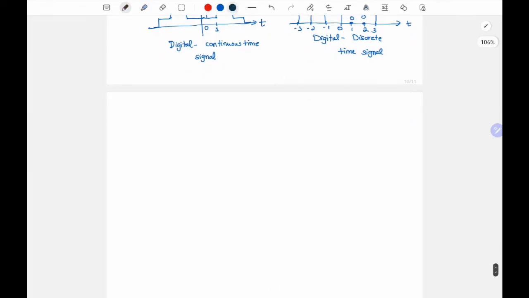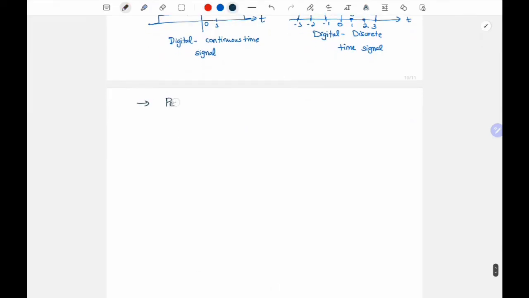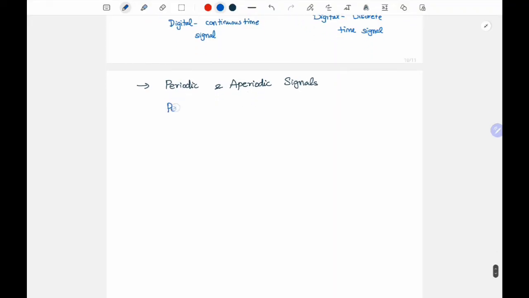So next classification we'll see about periodic and aperiodic signals. So what is a periodic signal? So the signal should repeat itself after a certain interval of time.